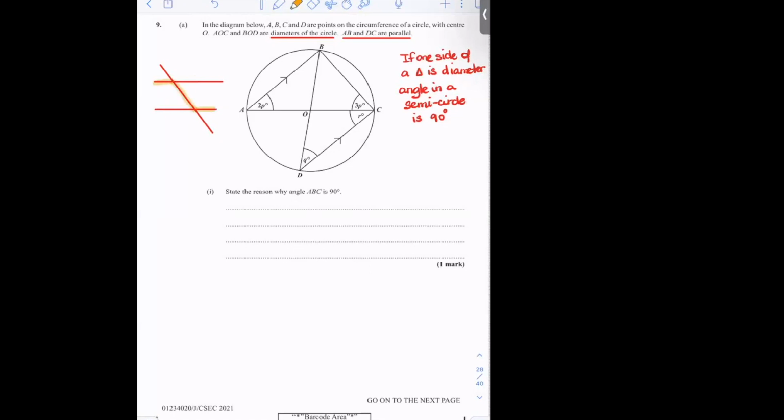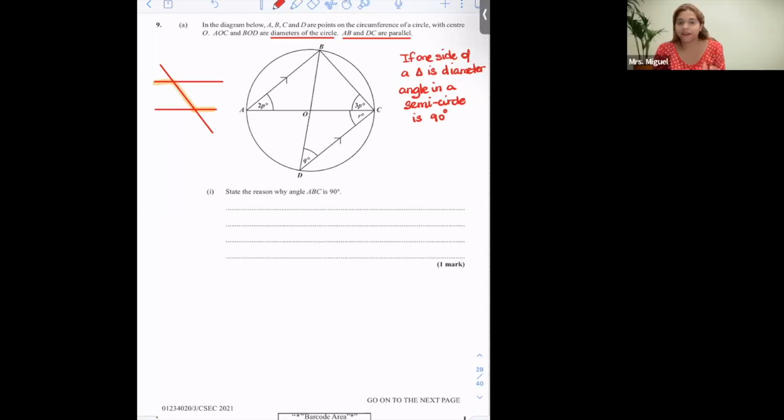So we're looking for two things: a semicircle, a right angle, and a Z shape. So you see, just by reading those two lines, it tells me what I am looking for in this question without even looking at the diagram.